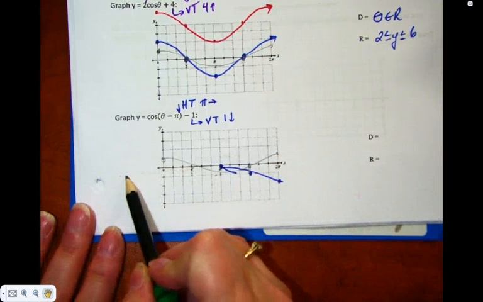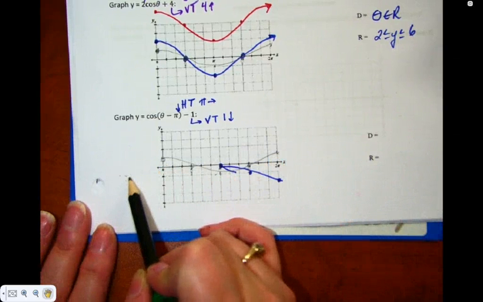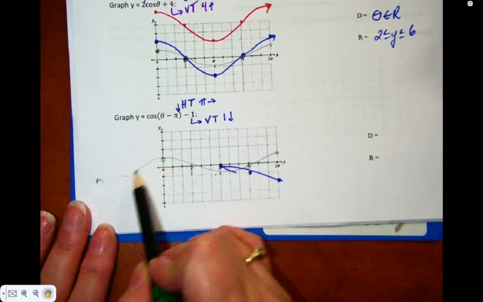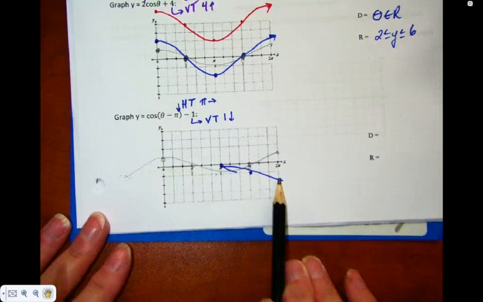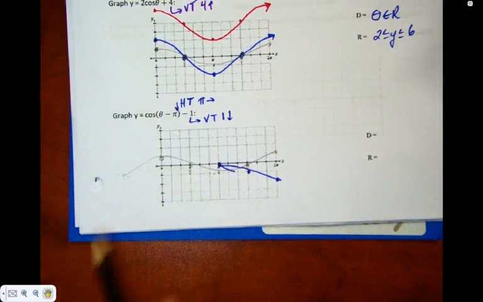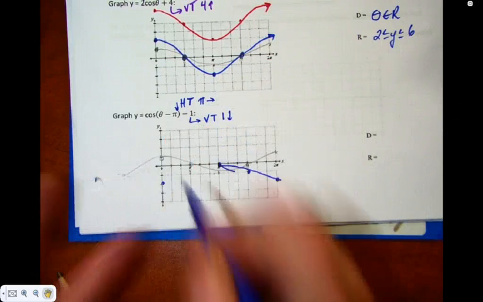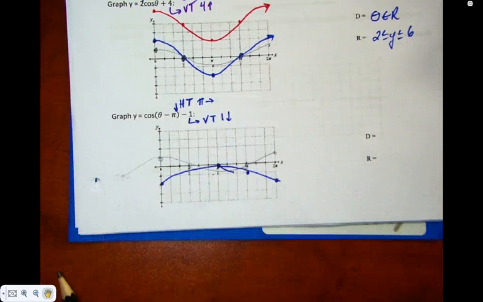What would it have done over here? If I went from the top to the bottom to the top, what would have happened over here? It would have been to the bottom. So when we shifted, we have the bottom, the top. What would have happened here? It would have been a bottom. So all I'm using is the features of the graph to fill it in back to the y-axis.